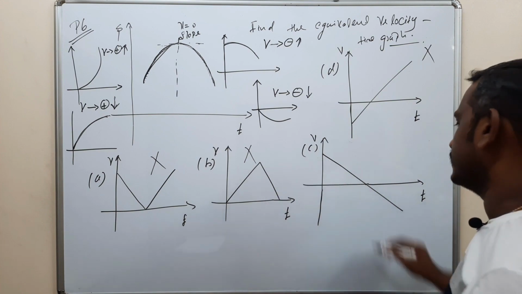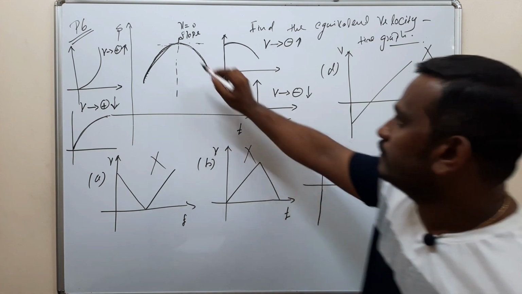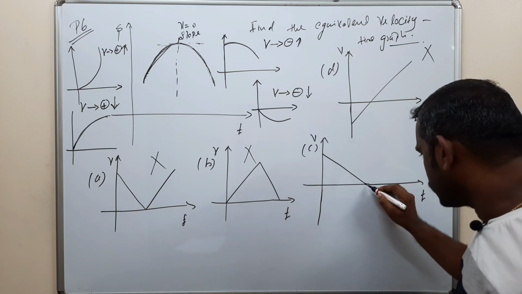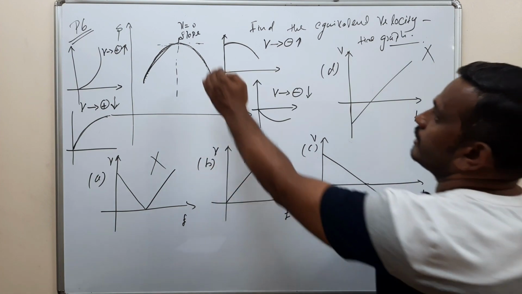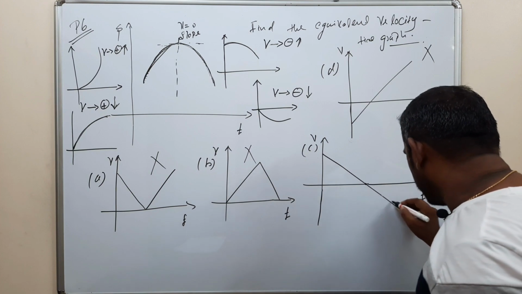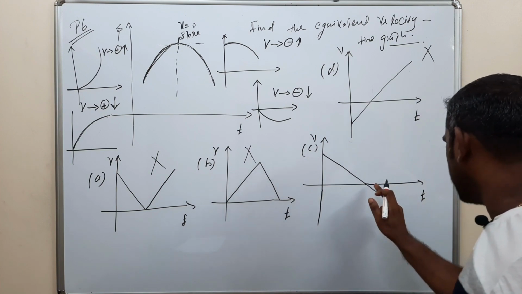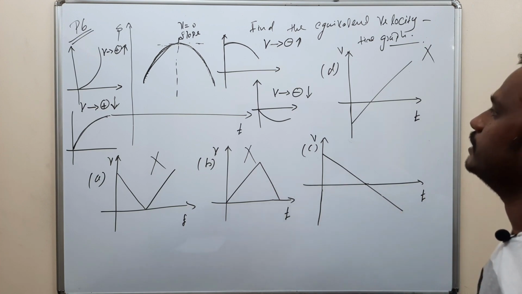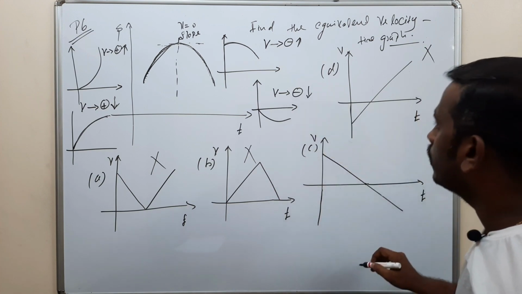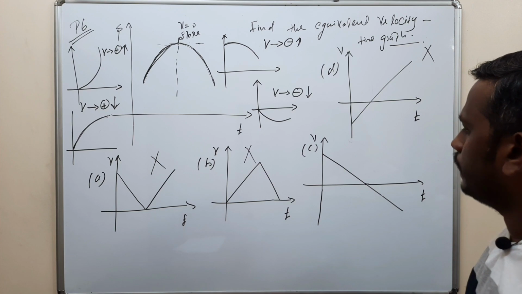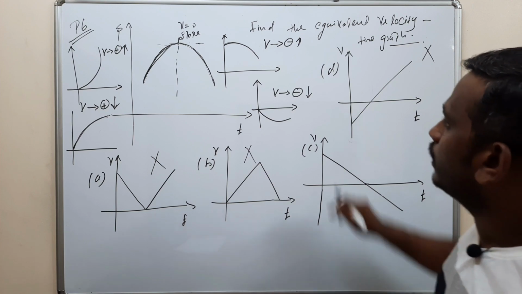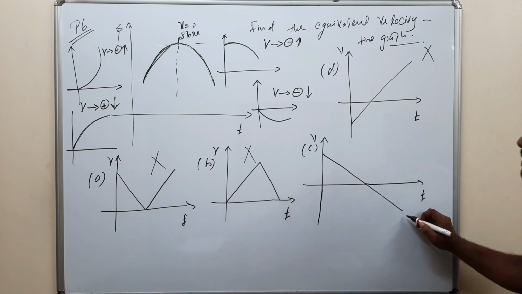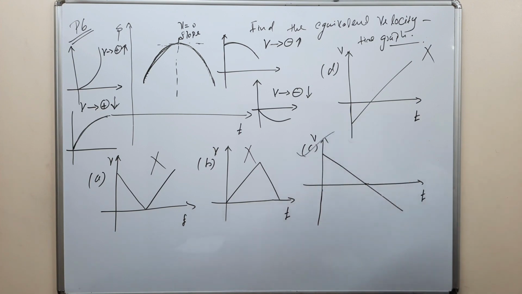After that, in this portion, velocity is negative, and as time goes on the velocity is increasing. So velocity negative increasing. So this option is the answer. Clear?